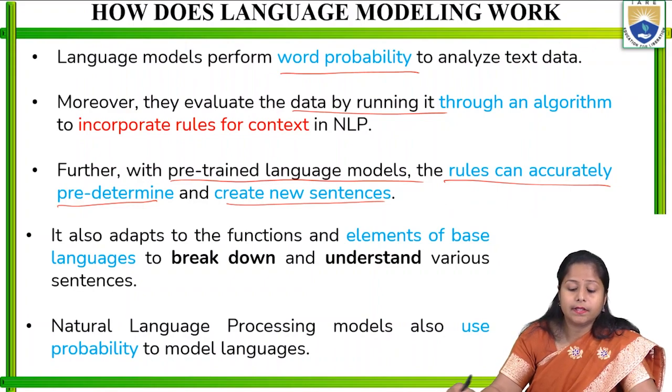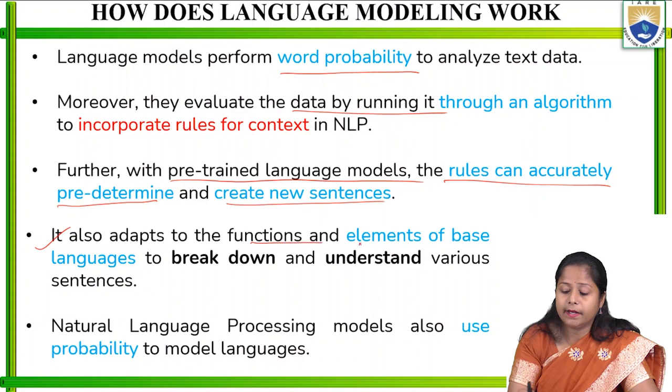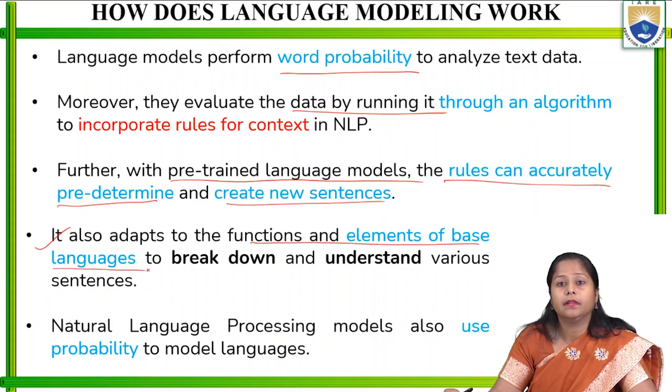It also adopts the functions and elements of base language, to break down and understand the various sentences. If we have applied the language model and some breakdown happens, the sentence has been fed and the machine has to give the answer.